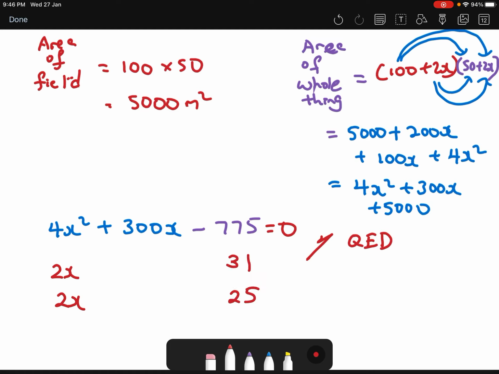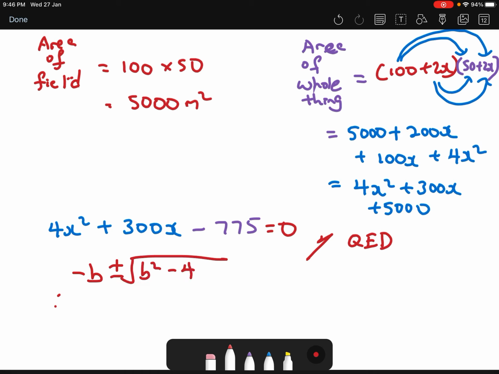I think this is not okay. If this is rather difficult to factorize, never mind. We can use the famous formula, negative b plus minus square root of b squared minus 4ac, divided by 2a. If you have not seen this formula, you can just ask me, and I'll explain it to you from the beginning.